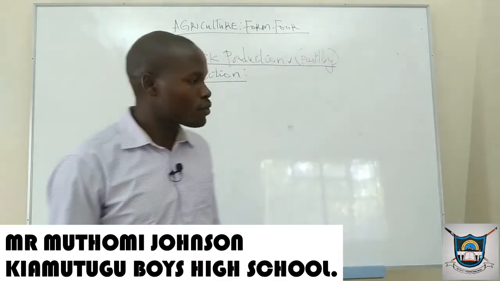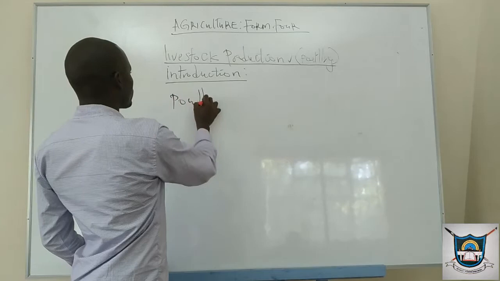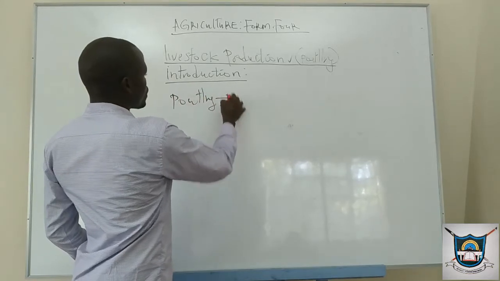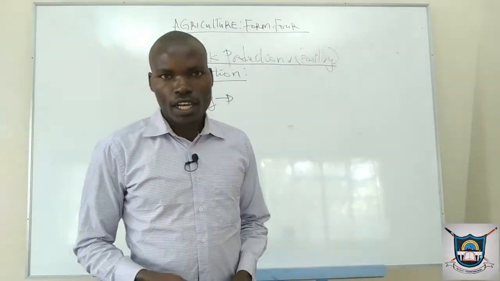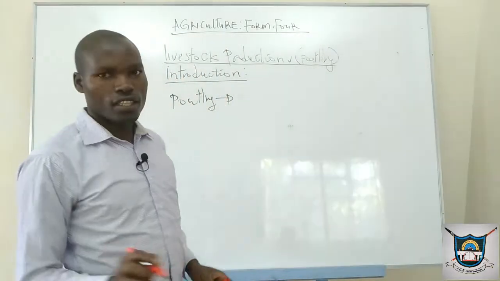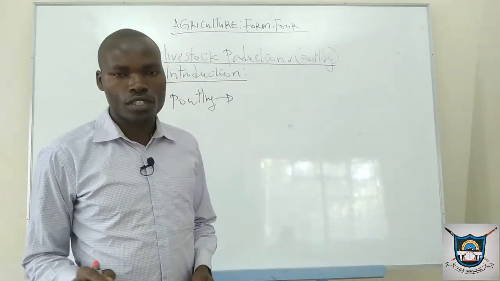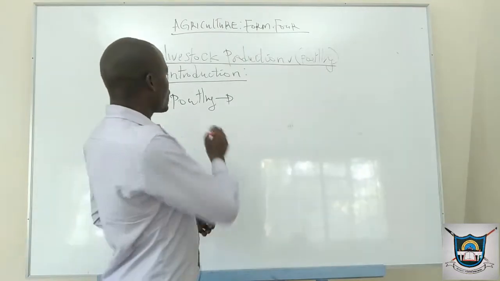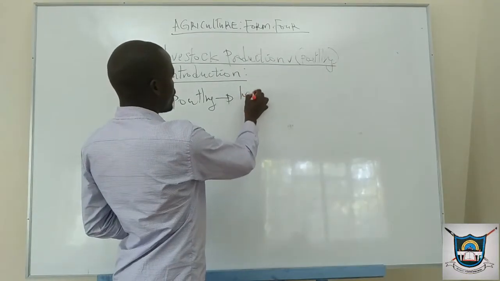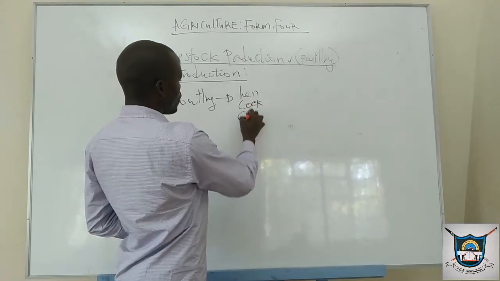Back in Form 1, we said that poultry are domestic birds which are reared at home, and in the category of the poultry we have a variety of them which fall under subheadings. For instance, we have a hen, we can also have a cock, and we have a chick.